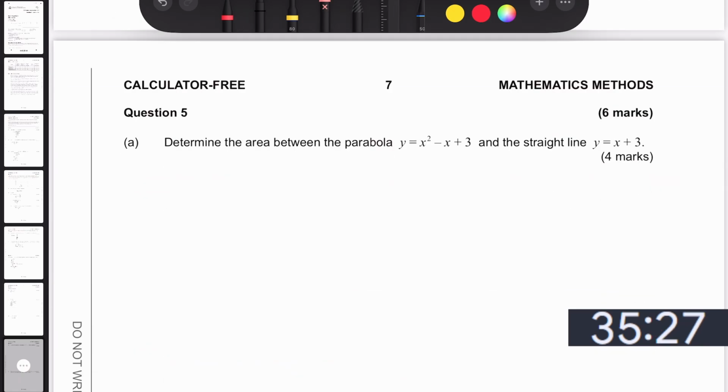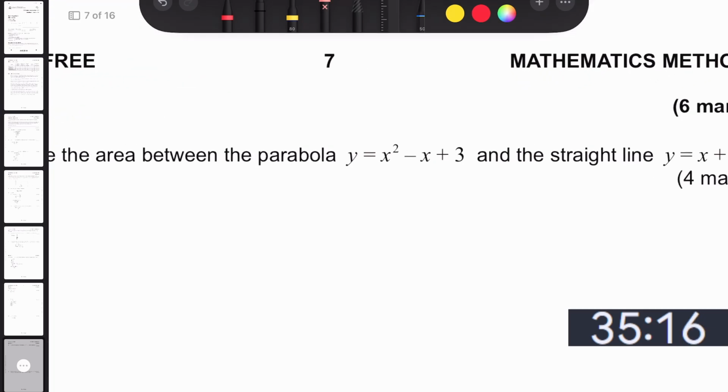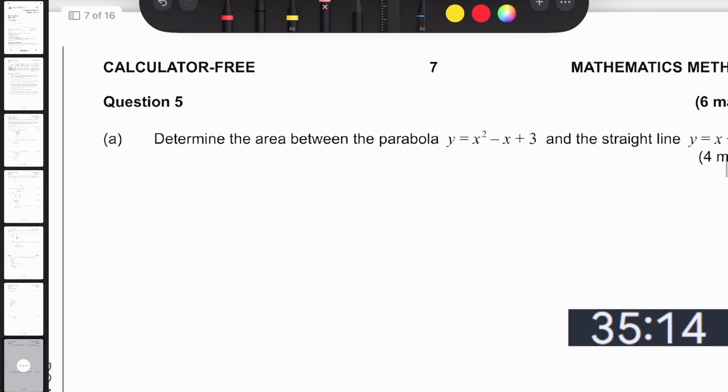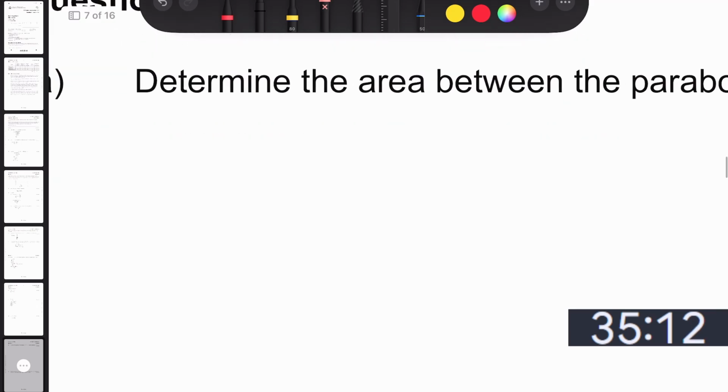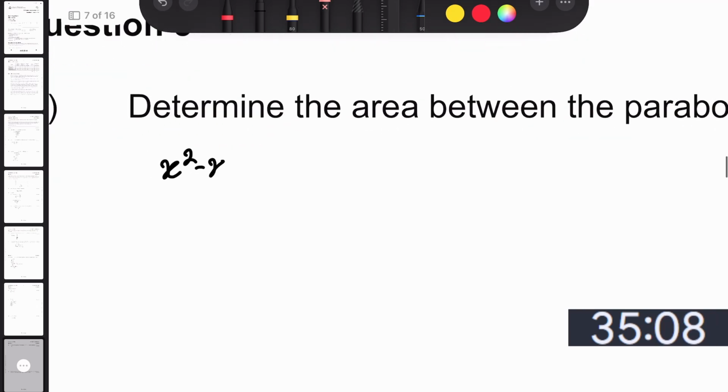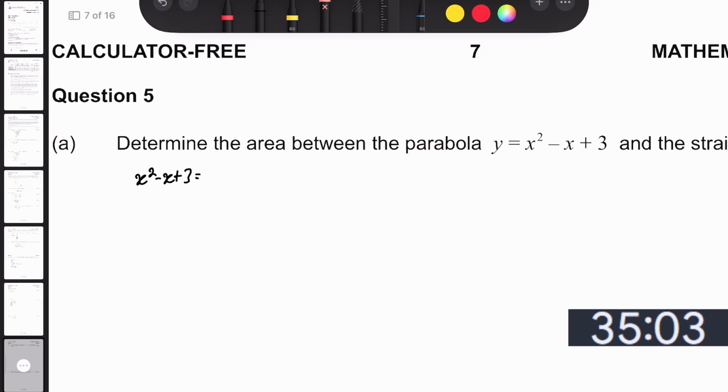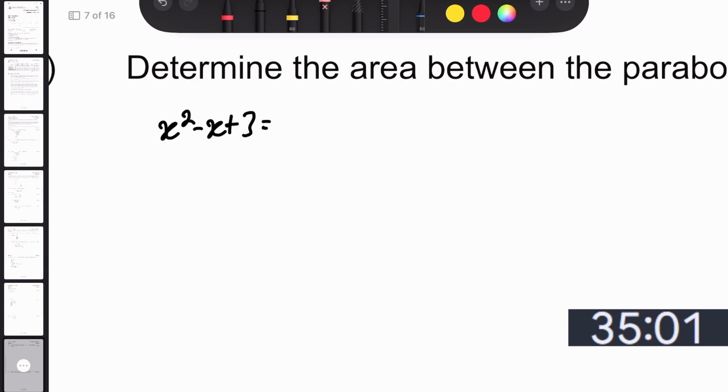Determine the area between the parabola and the straight line y equals x plus 3. Okay, so between the parabola and the straight line, let's find the intercepts first, and then I'm going to have to find which one's above the other, but we'll do that in a second. So these need to equal x plus 3.